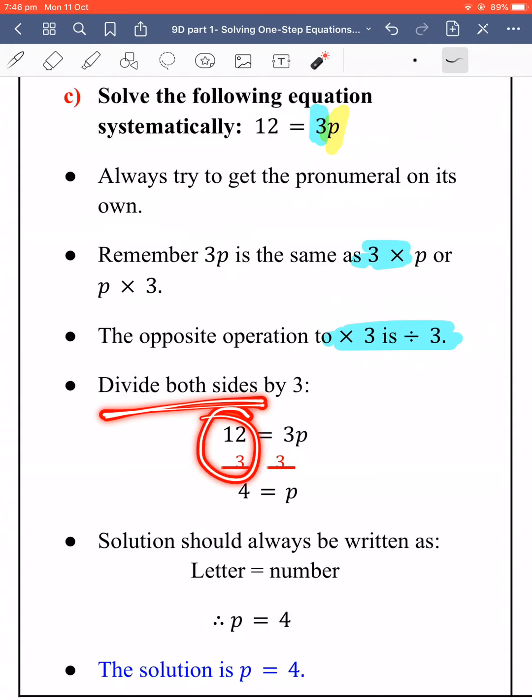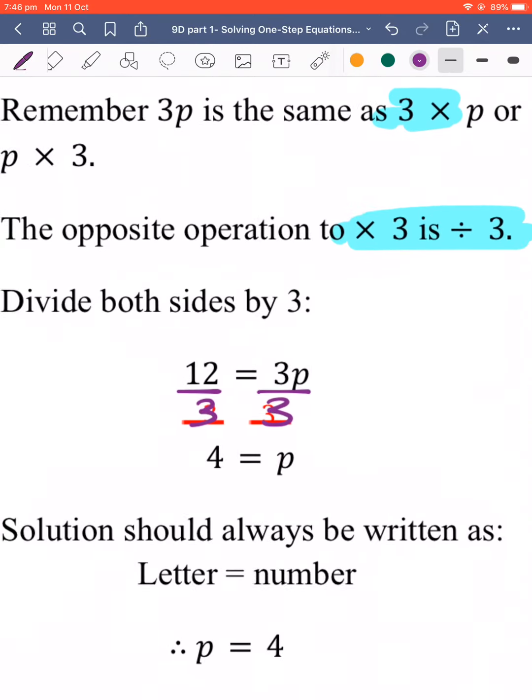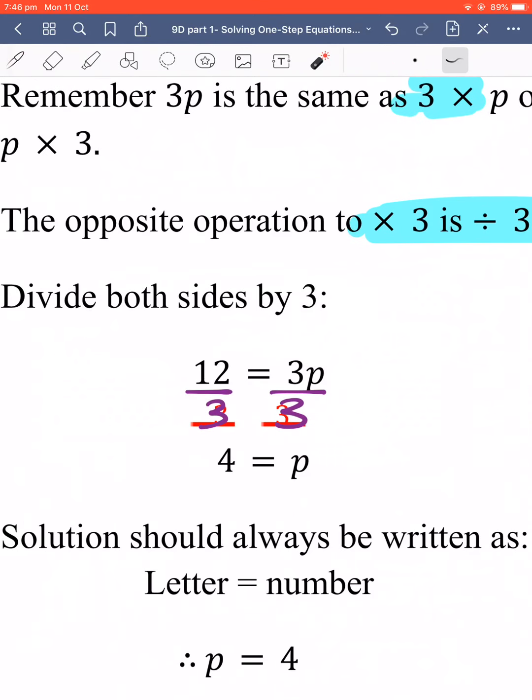So 12 divided by 3, don't worry, this will be fixed on your doc, apologies. Let's make that look a little bit prettier, shall we? So I've got 12 divided by 3 and 3p divided by 3. So if I do that, 12 divided by 3 equals 4, 3p divided by 3 equals p, because 3 divided by 3 just gives me 1.